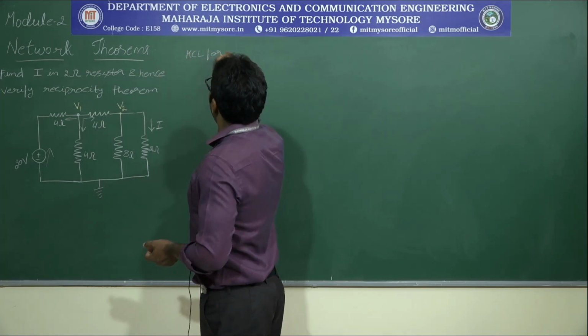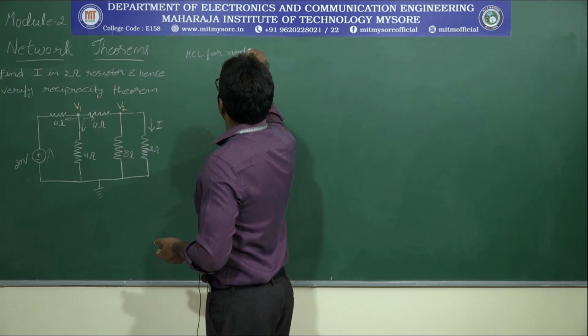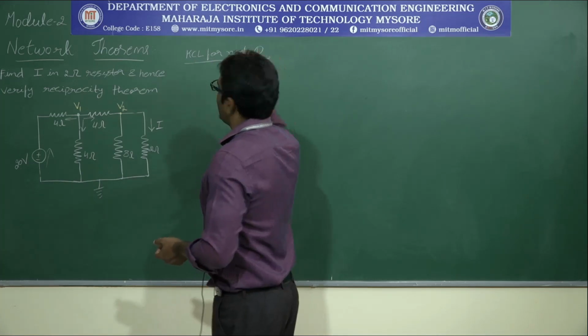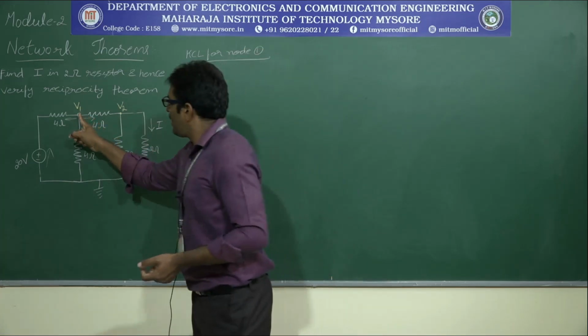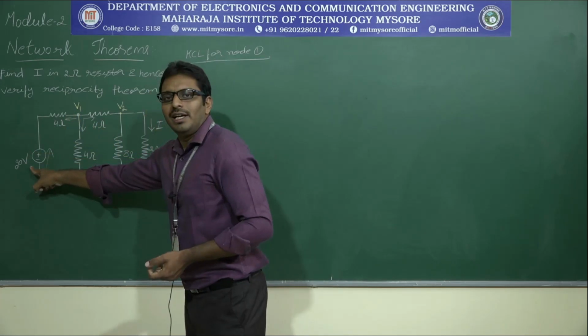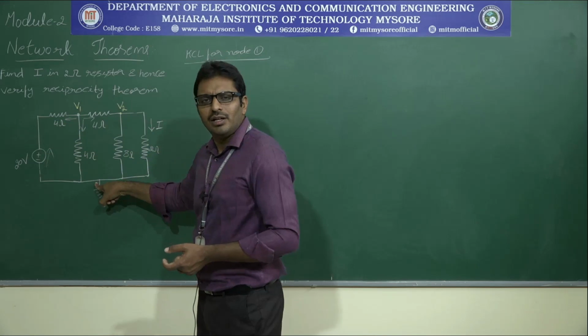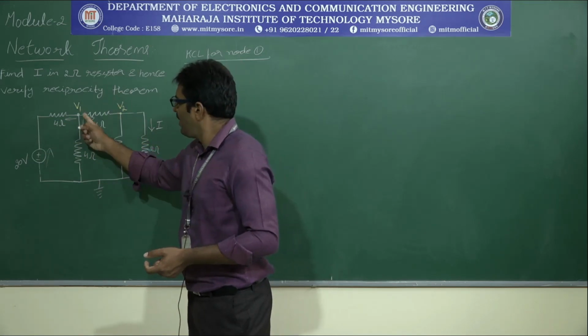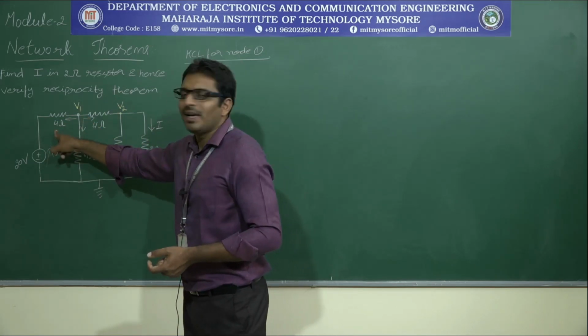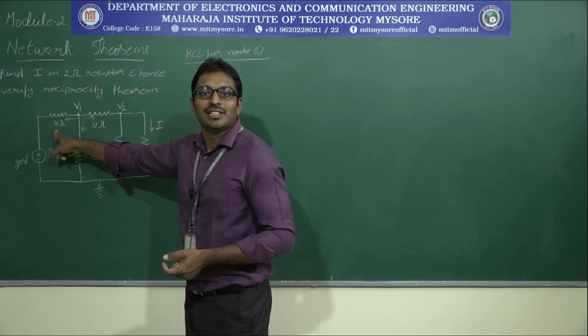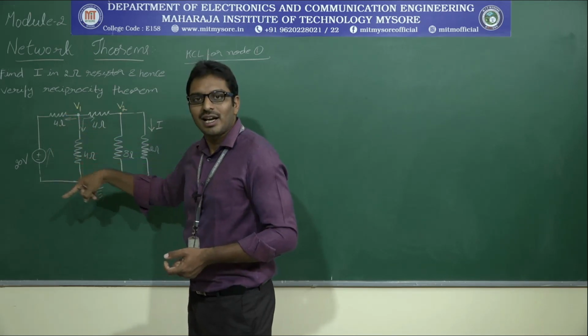So first, apply KCL for node 1. V1 minus 20 minus 0, this is the potential difference in this branch, no need to write this 0. V1 minus 20 divided by resistance value 4, because we are finding the branch currents, right? What is I?